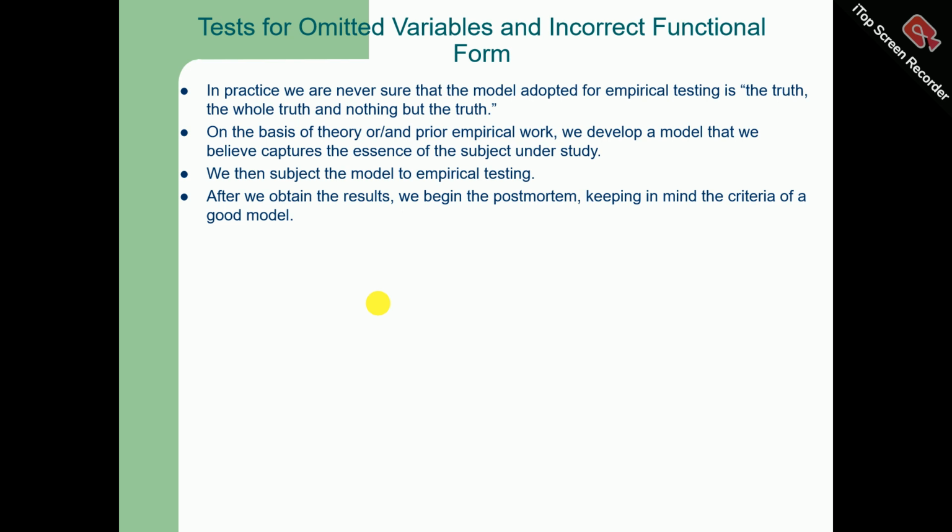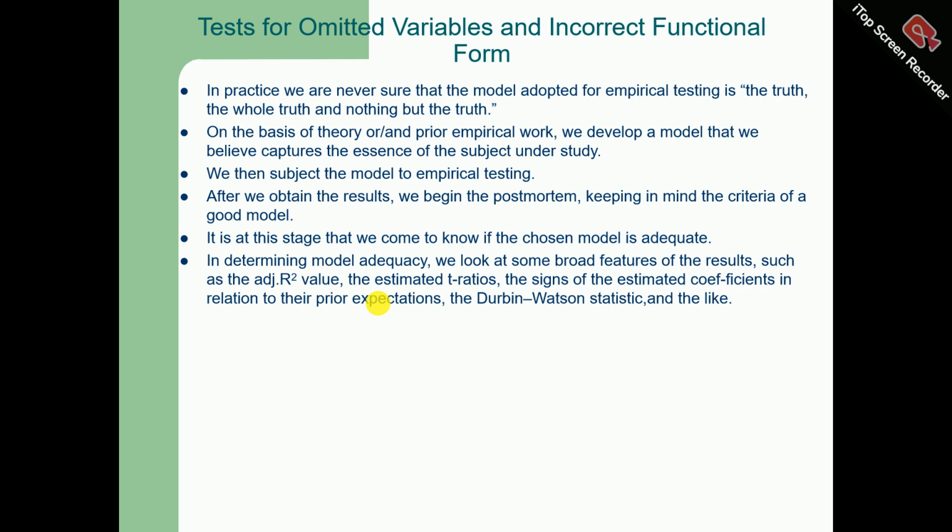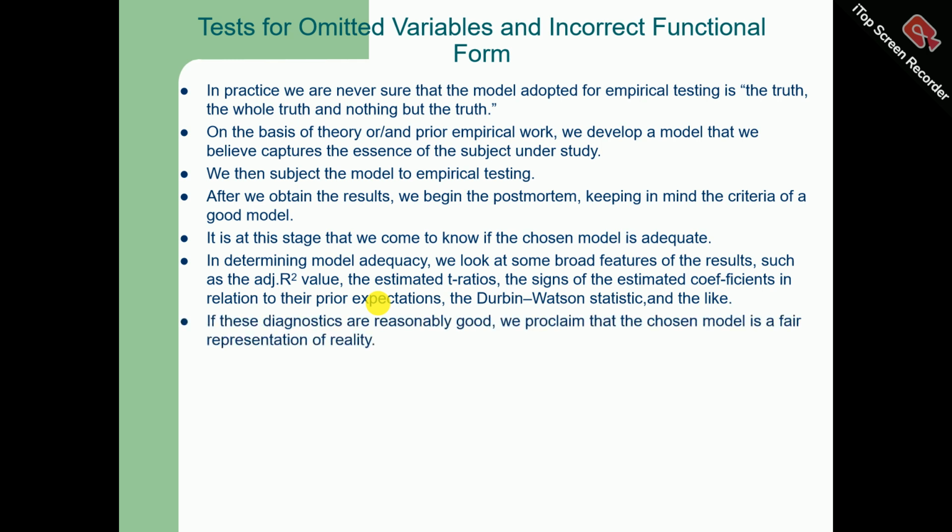After we obtain the results, we begin the postmortem, keeping in mind the criteria of a good model. It is at this stage that we come to know if the chosen model is adequate or not. In determining model adequacy, we look at the broad features of the results such as the adjusted R-square value, the estimated t-ratios, the signs of the estimated coefficients in relation to their prior expectation, the Durbin-Watson d-statistic, and so on. If these diagnostics are reasonably good, we may claim that the chosen model is a fair representation of the true situation.